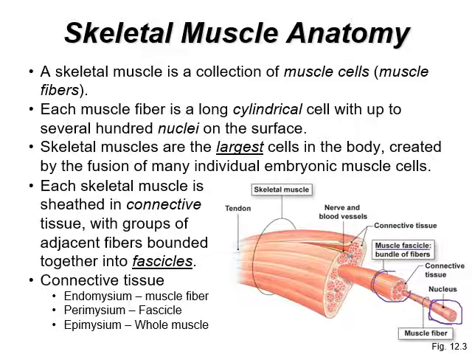So a bundle of individual fibers makes a muscle fascicle, and when we look at the whole muscle, there's a fascicle here, another fascicle here, and another fascicle here. So a bundle of muscle fascicles can make a whole muscle.